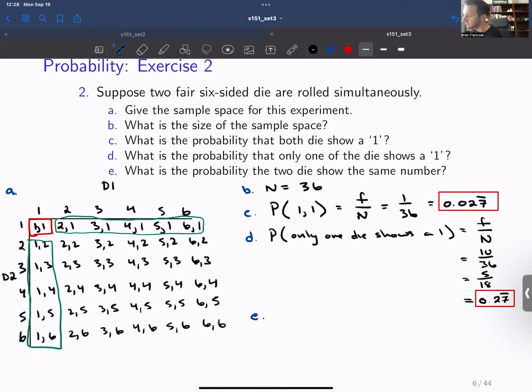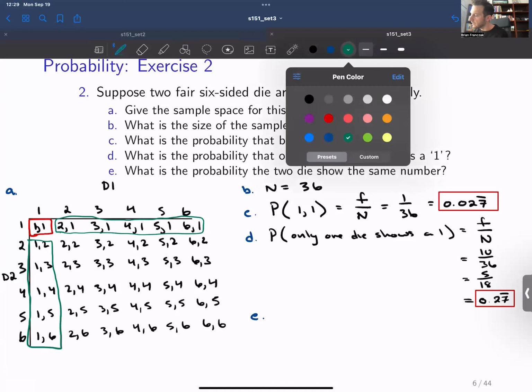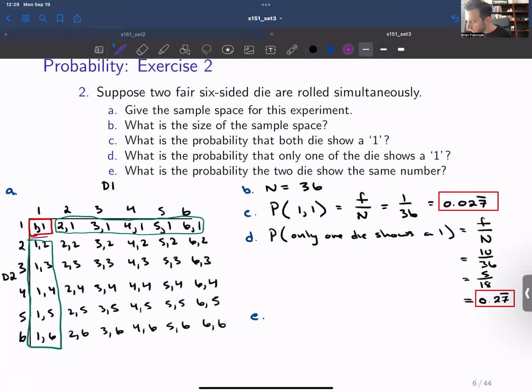Okay, part E. It asks, what is the probability the two die show the same number? In this situation, we're looking for all the different outcomes that show the exact same value. So we can see that 1, 1 is one, and then we have 2, 2, 3, 3, 4, 4, 5, 5, and 6, 6.